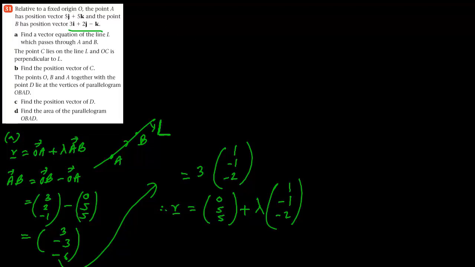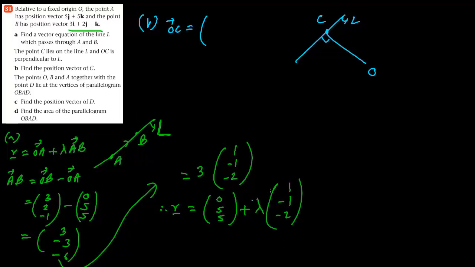Question number B. It is given that C lies on the line and it is perpendicular. So it's the same question. We have the line L, and there's a point C whose position vector is perpendicular. By the universal position vector rule, we can write OC as the line L in ijk form.